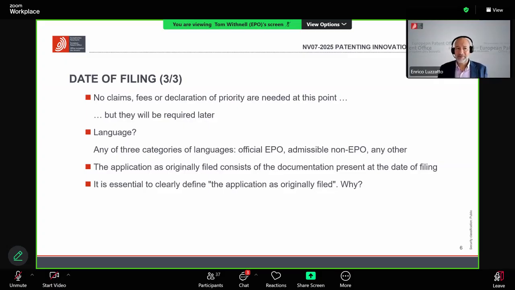Why can this be important? In a university, in a scientific research context, a researcher may come to you and say, I want to file a patent application. These are my results. Tomorrow, or in 2 days, I have to publish them. And for some reason, you don't have time to define more.